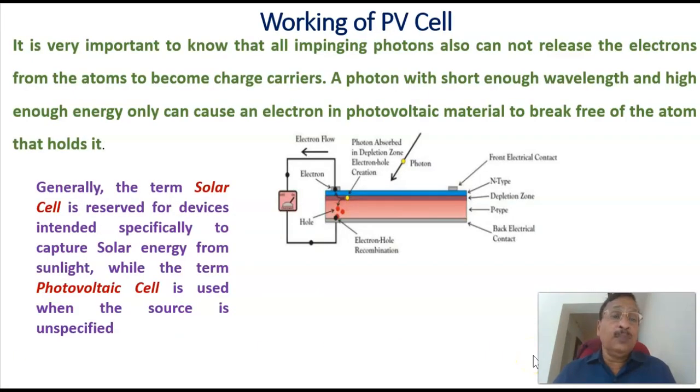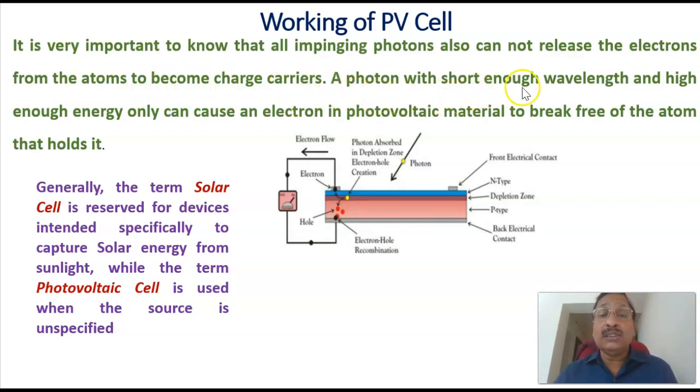Continuing the working of the photovoltaic cell, it is important to know that not all impinging photons release electrons from the atoms to become charge carriers.